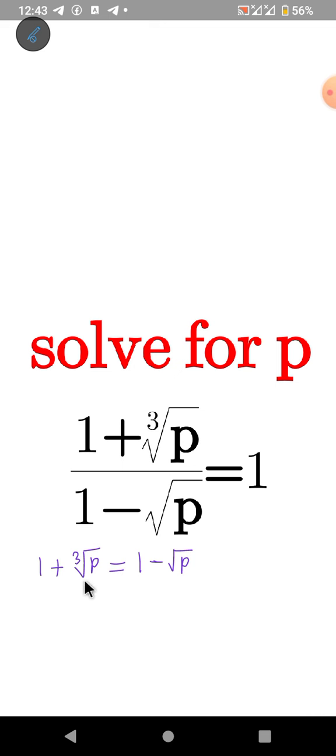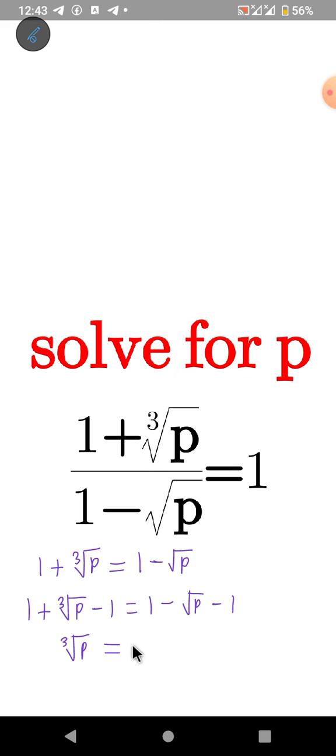My next step now will be to subtract 1 from both sides of this equation. So we write 1 plus the cube root of p, subtract 1, equal to 1 minus the square root of p, then subtract 1. 1 minus 1 is 0. So we are just left with the cube root of p on the left hand side, equal to 1 minus 1 is 0.